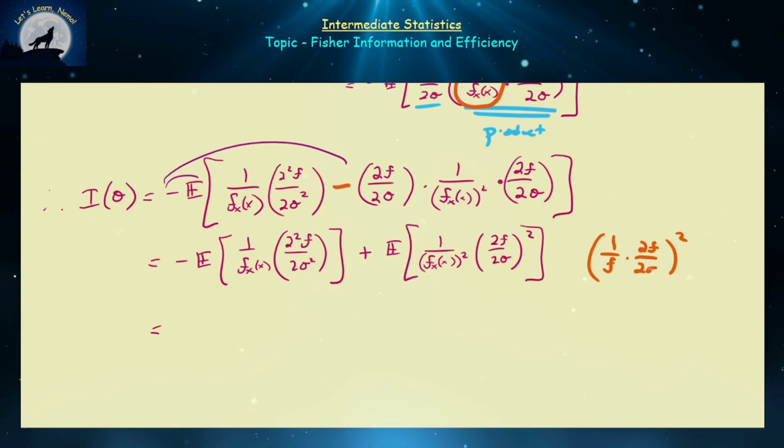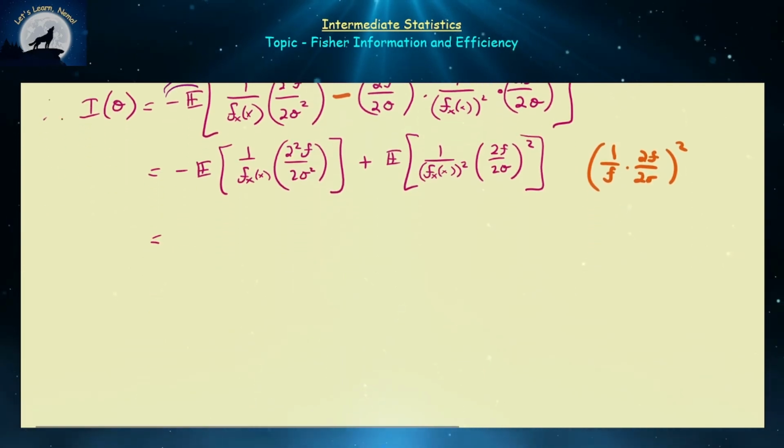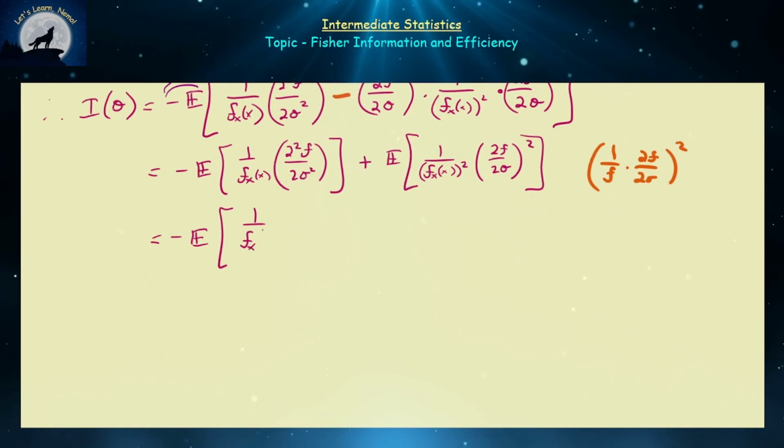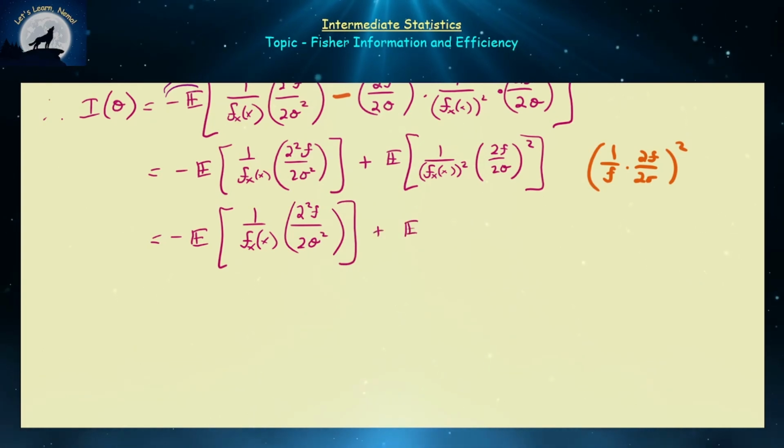So we can write this as, let's just write it again. So minus expectation, 1 over f of x, then partial squared f, partial theta squared, and then plus the second moment of u, which we're targeting.